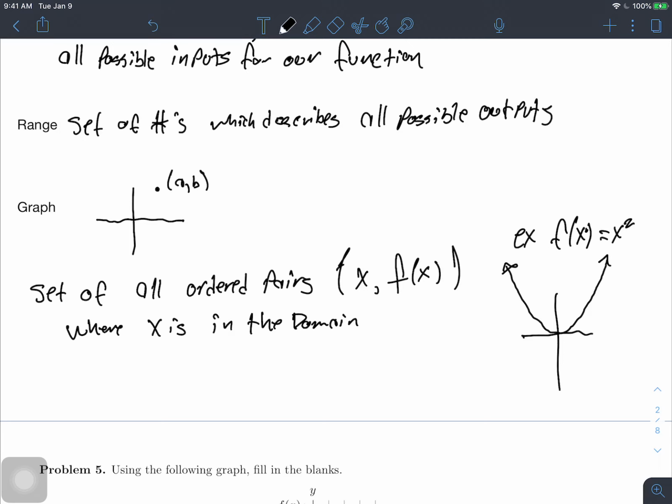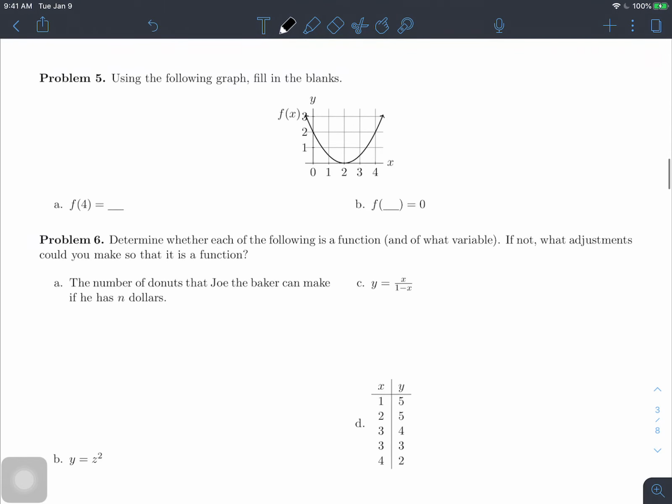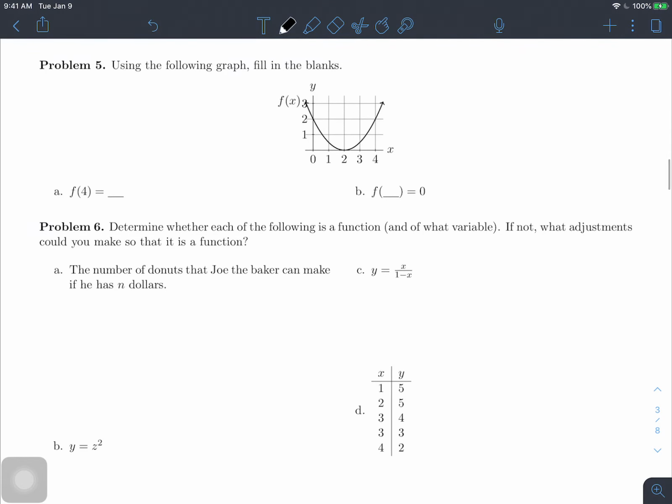What I'm referring to here is all of the points which are on this parabola, which satisfy this equation y equals x squared. Any questions about domain and range and graph? They're all sets. Okay, let's move on.